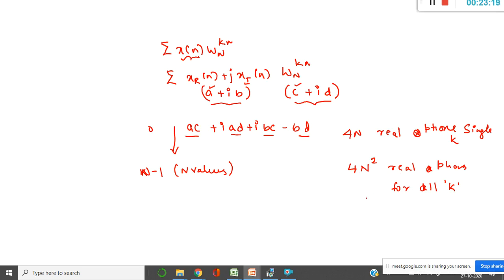This is for all the k values; the earlier one is for a single k value. For a single k value I require 4n real multiplications, and 4n square real multiplications for all the k values. Now the task is to identify how many real additions are required to calculate a single value of k and all the values of k.